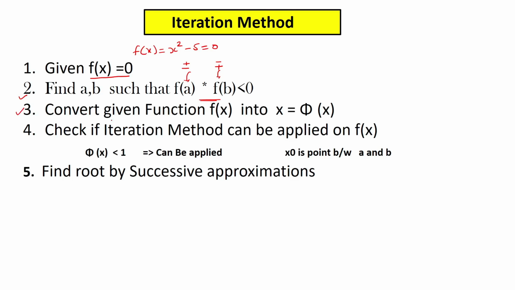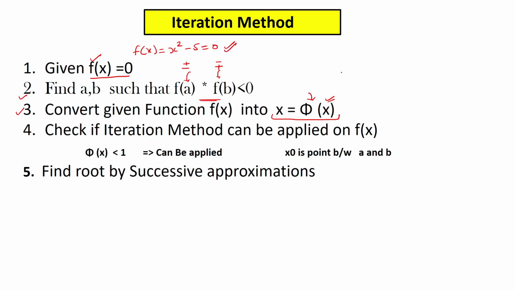The next step says that we have to convert the given function f(x) into a new form, and the new form is x equals phi of x. Here phi of x is a new function. It means we have to transform this function into this form.